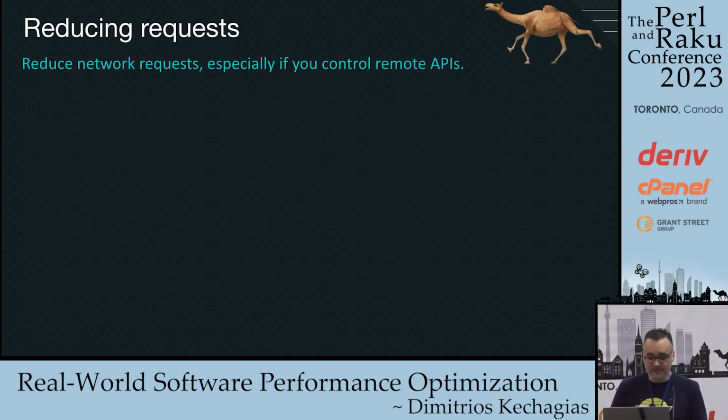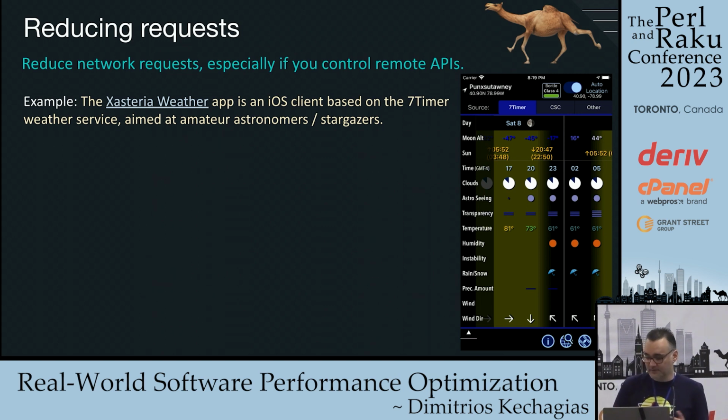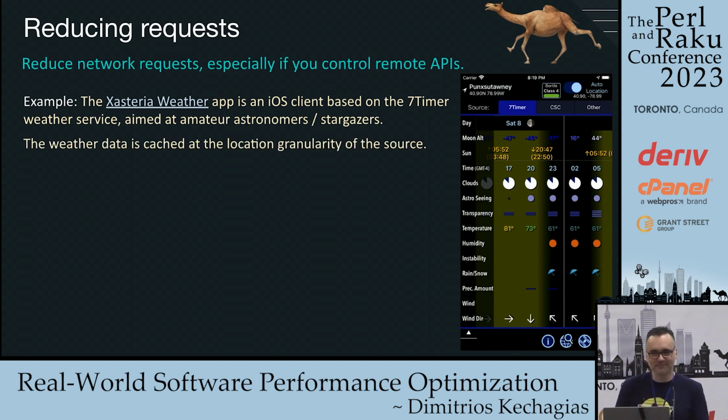It's a good idea to reduce network requests if you control the APIs. For example, the reason I support that project is because I make an iOS weather client. It's called Xasteria Weather, and if you're an amateur astronomer, you might know it. Otherwise, you probably wouldn't. In my app, it only requests data if you actually move 20 kilometers away, or it's later in the day.